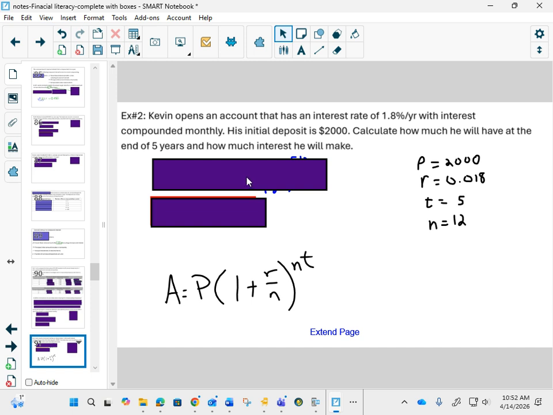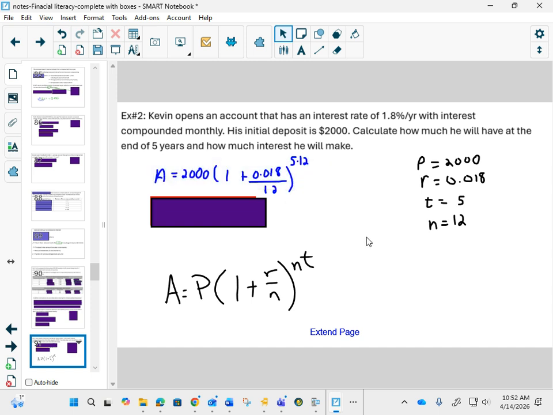You then go to your formula and you plug everything in for the letters. So we don't know the A, so it stays A because that's what we want to figure out. 2,000 for the P. We write the decimal for the R, the 12 for the N in 2 different places, and the 5 for the T. Right, that dot means multiplication, because the N and the T together here in the formula means multiplying together.